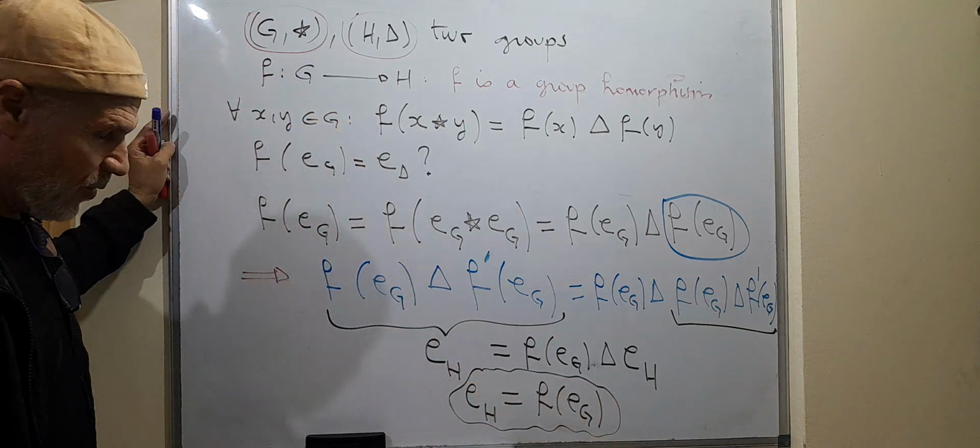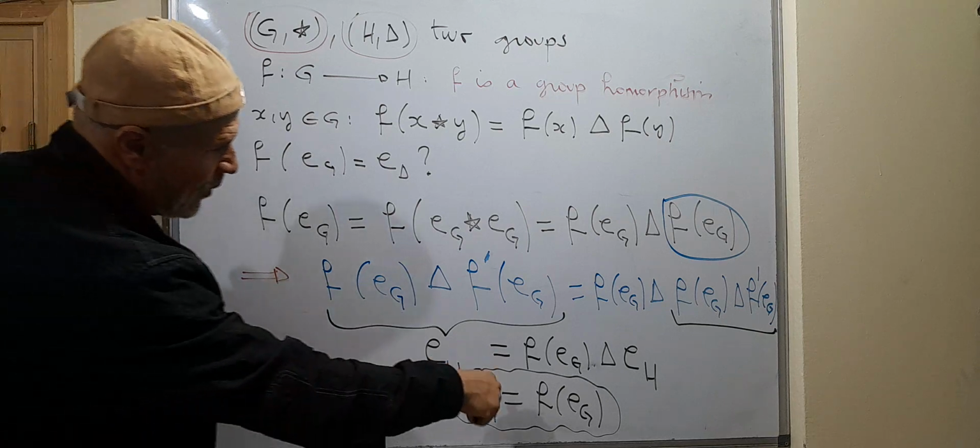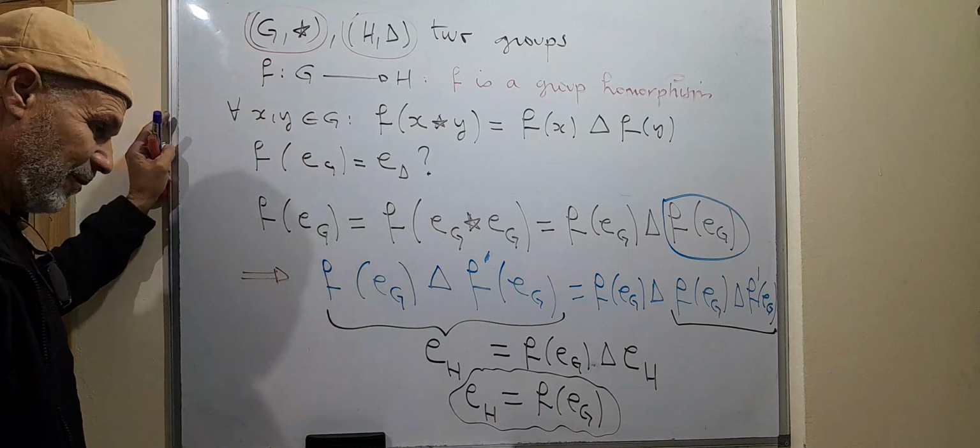This is a way, and I'm not sure that it is the unique way, but this is a way. We have the image of the neutral element equal to the neutral element.